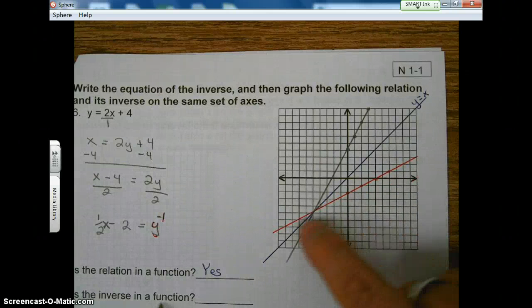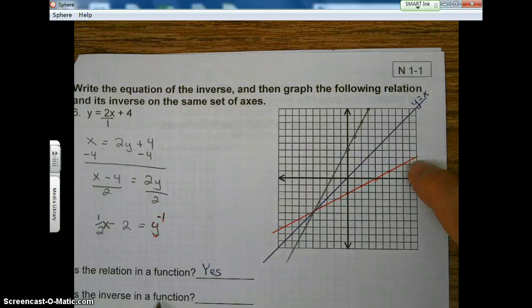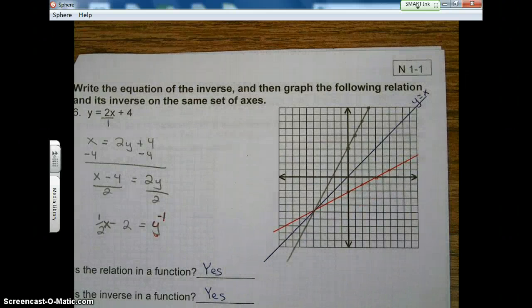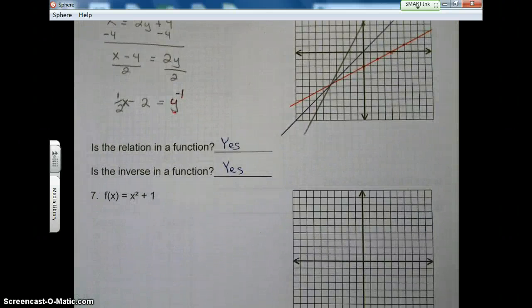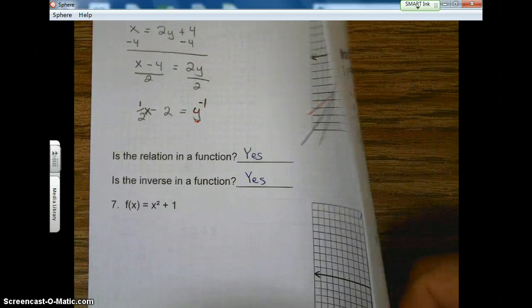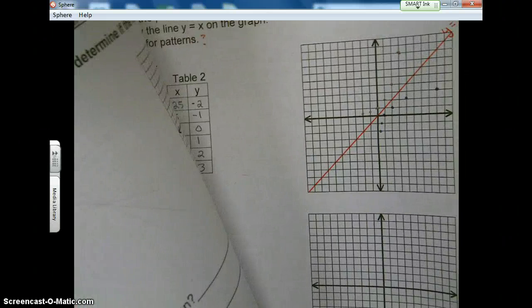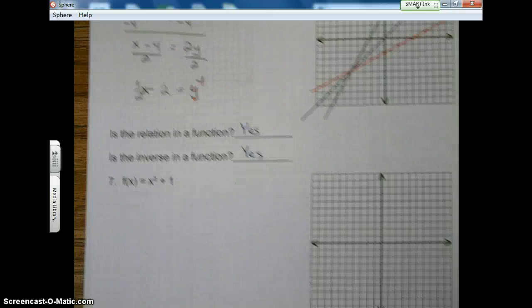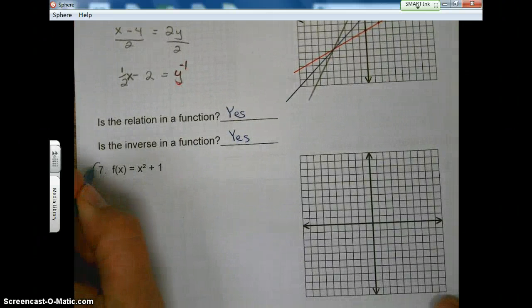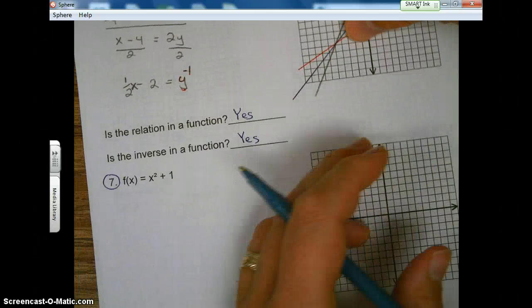What do you think? I hope you said yes. Okay. So let's go on to number 7. Running out of time here. Please go ahead and do number 7 on your own. And turn the page for me.